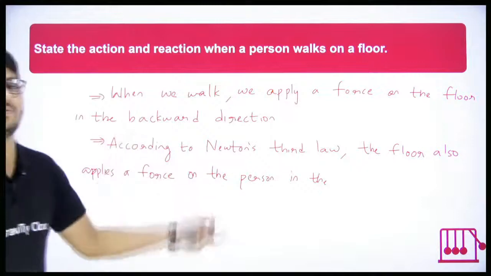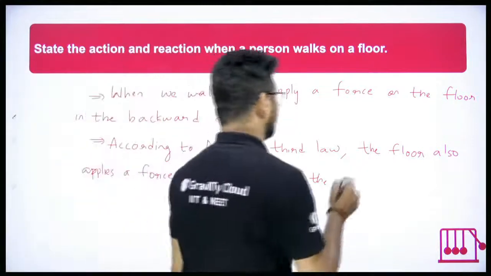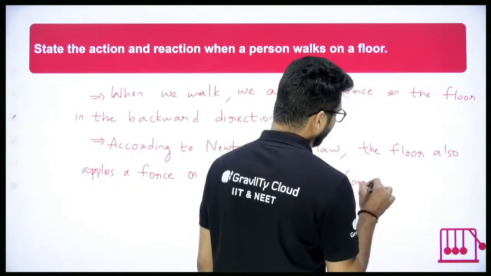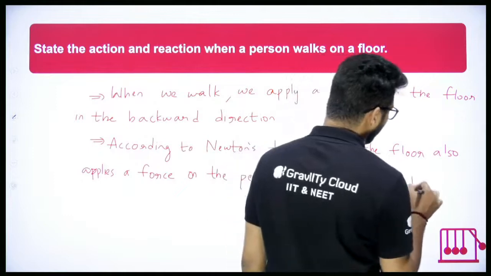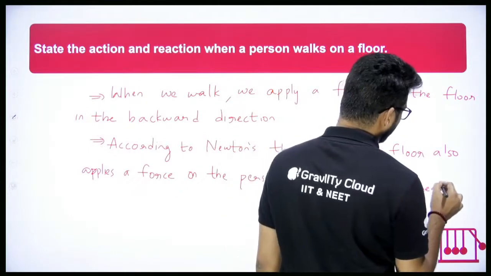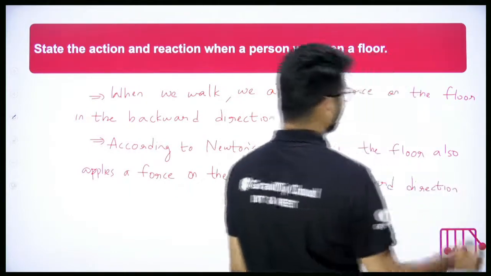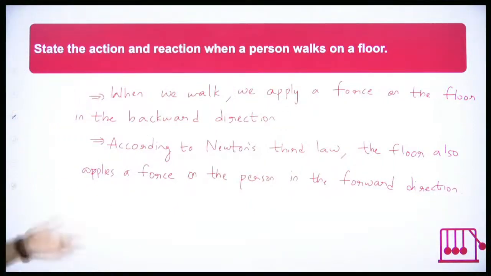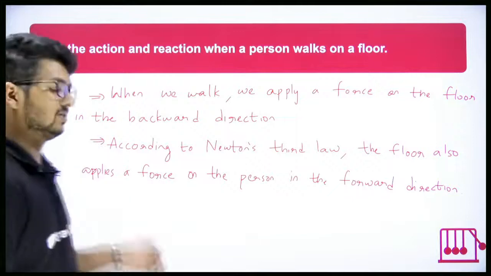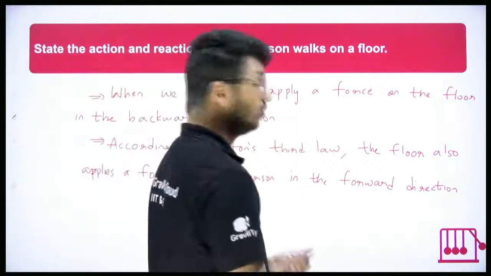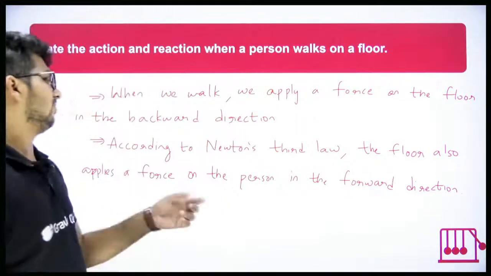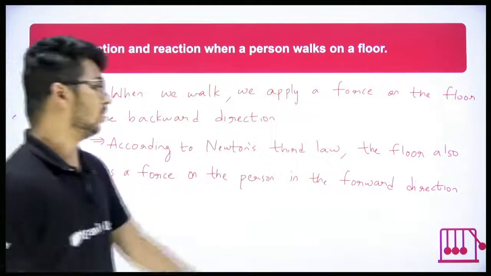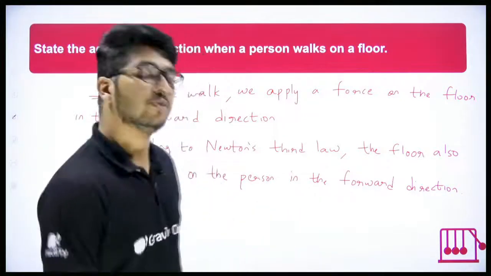First force is backward, the other force will be what? Forward. In the forward direction. Is that clear? So that's it. Because the floor is pushing us forward, we move forward.